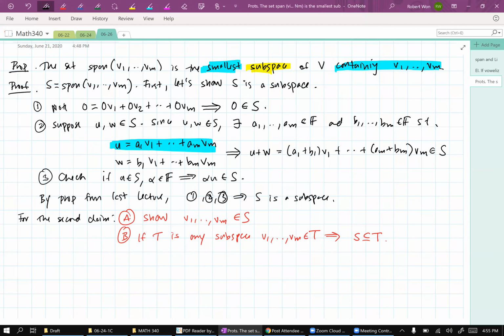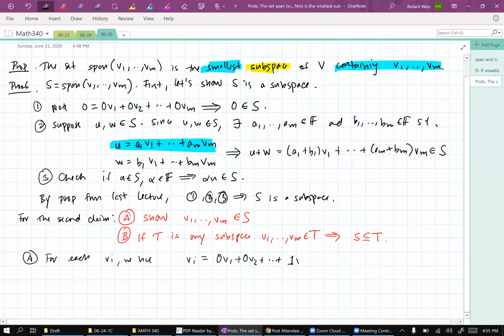Okay, so how can we prove that V1 through Vm are in S? We need to show that V1 through Vm are linear combinations of V1 through Vm, right? But this is clear. So for A, for each Vi, we have Vi equals 0 V1 plus 0 V2 plus 1 times Vi, whatever the Vi is, plus 0 Vm, right?